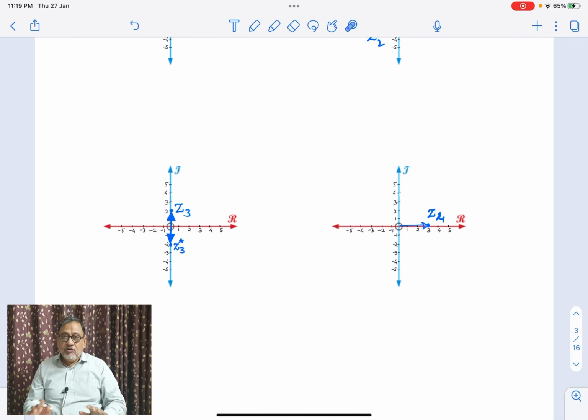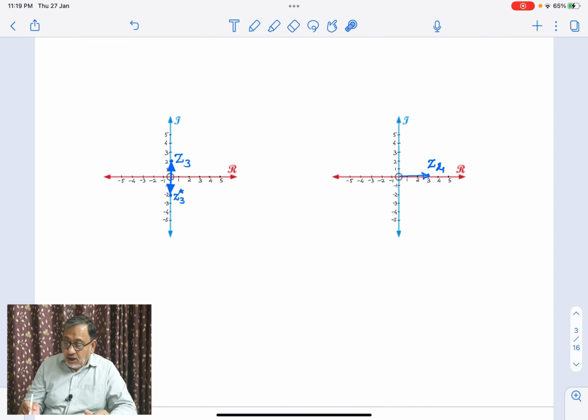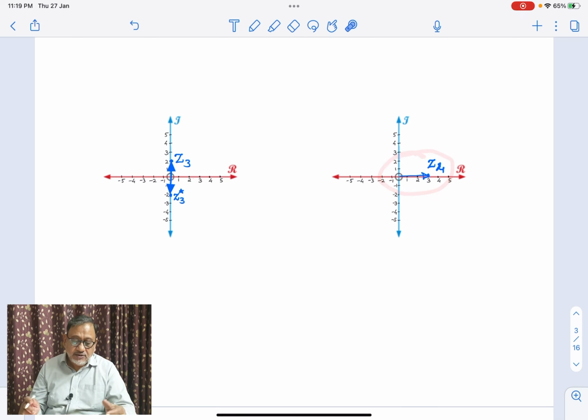If there is only a real part and the imaginary part is absent, there will be no conjugate, definitely. Because there is a reason. How can you reflect this complex number which has only a real part? Where you will reflect it is on the mirror line itself. So it cannot be reflected, isn't it?